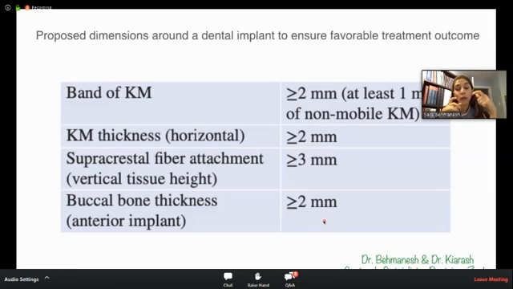So with the bone on the facial and the tissue on the facial, the more the merrier. And why we're so crazy about the facial bone is because, as we'll discuss in the other course, which is our atraumatic extraction course, the amount of bone resorption and thinning is greater on the buccal or facial bone compared to the lingual or palatal bone because of its anatomy.